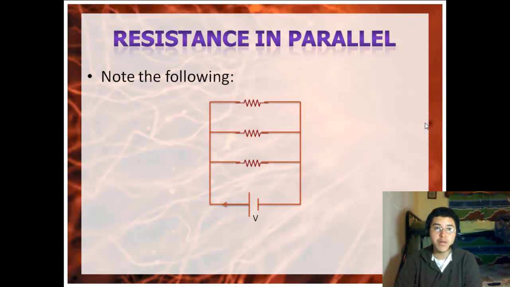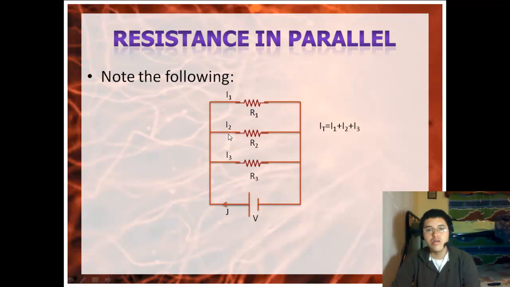Now for resistance in parallel. If we note the following diagram, we see here we have three individual resistors, each with their own resistance and each with their own current.